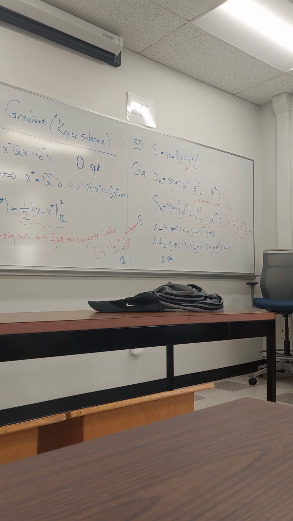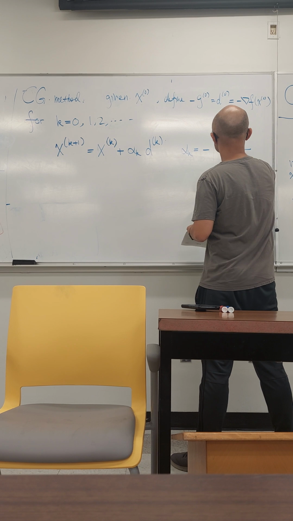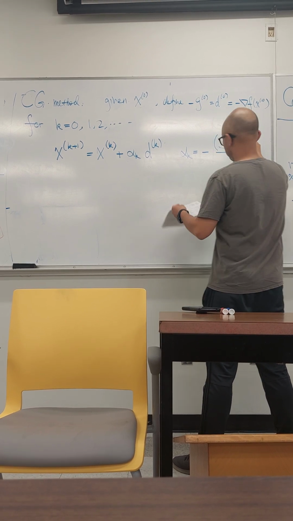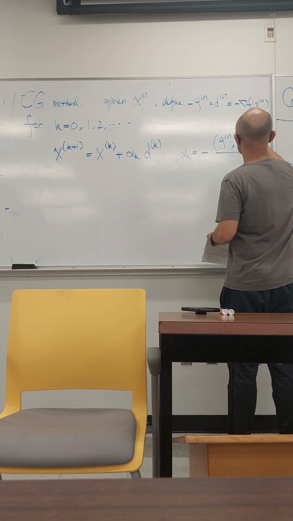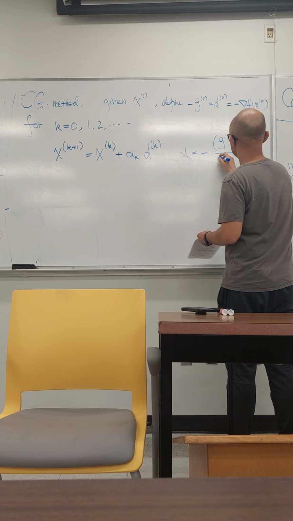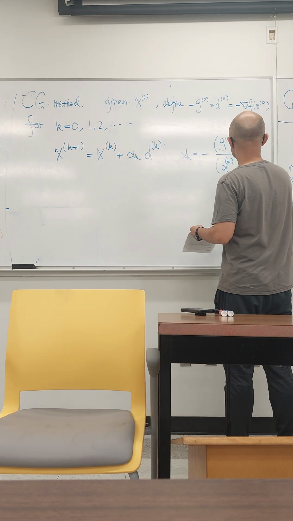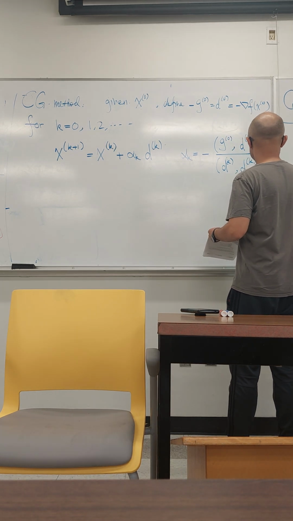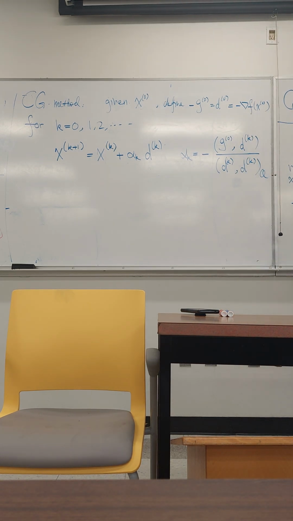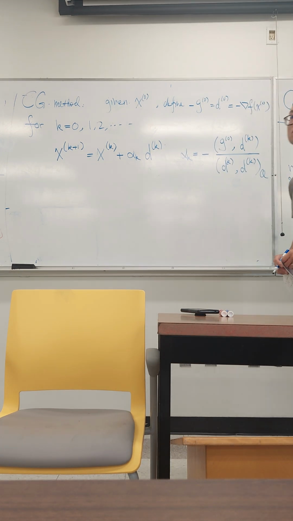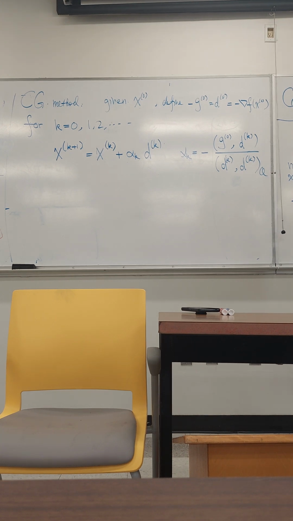Where alpha k is the negative of the gradient against dk, over dk Q dk.